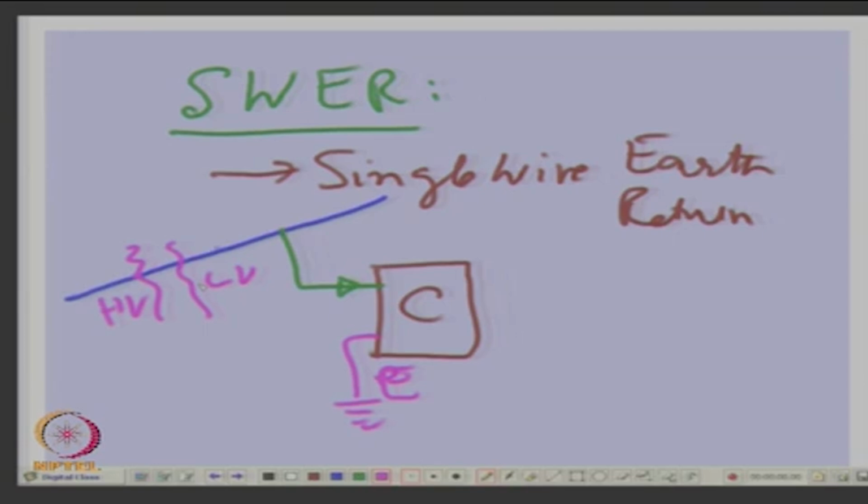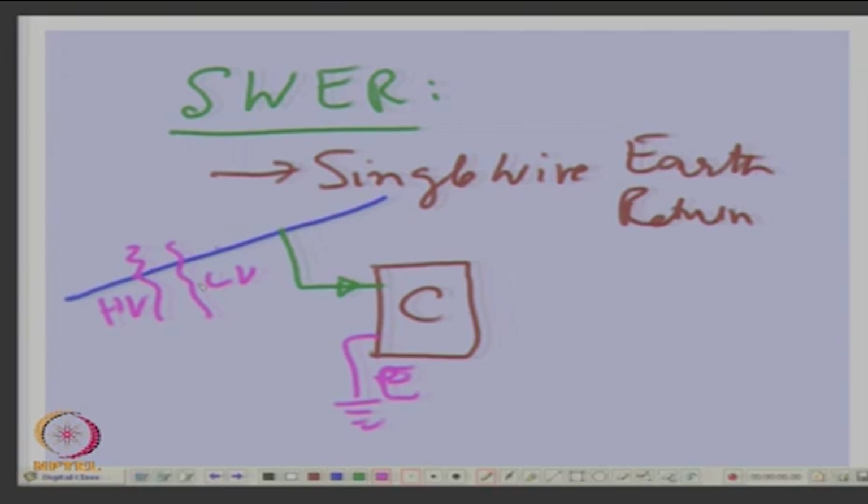So, this is being thought of as an alternative nowadays for providing electricity. It is called a high voltage distribution system, okay, single wire. Now, what is the problem of this?